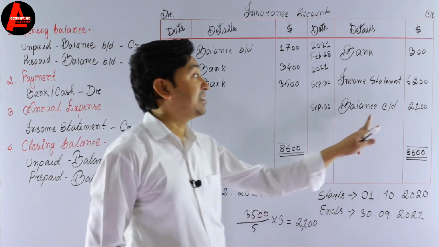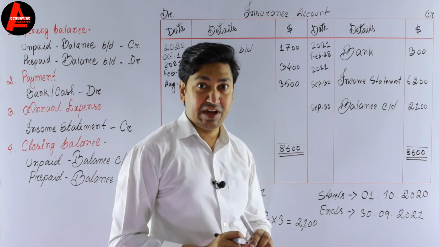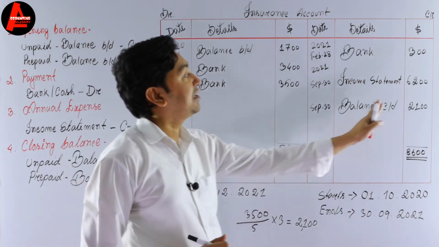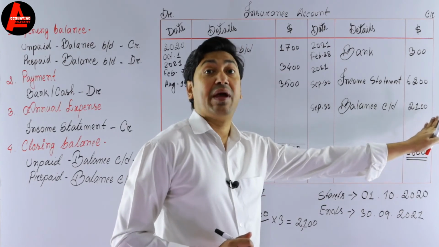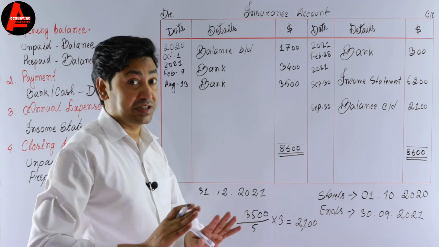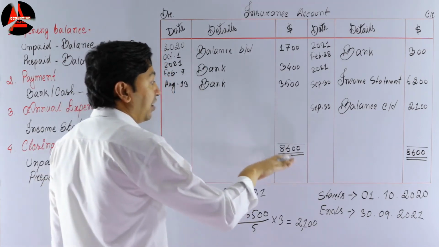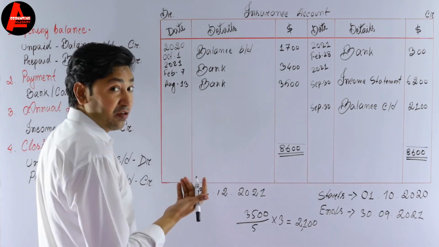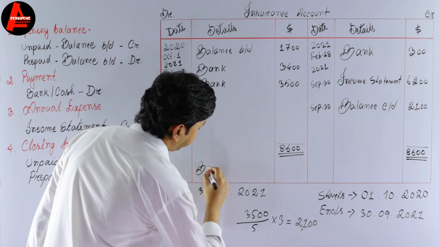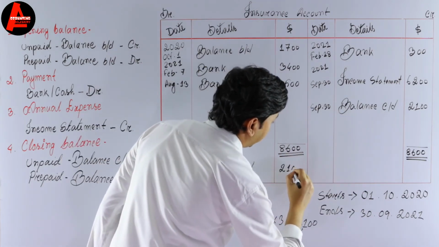Now here we have balance CD, which is $2,100. We have to bring down this balance. This is compulsory, you have to do it. We have balance CD on the credit side, so balance BD will come on the debit side, always on the opposite side. Below the total you have to write balance BD, and the same amount will come here, $2,100.